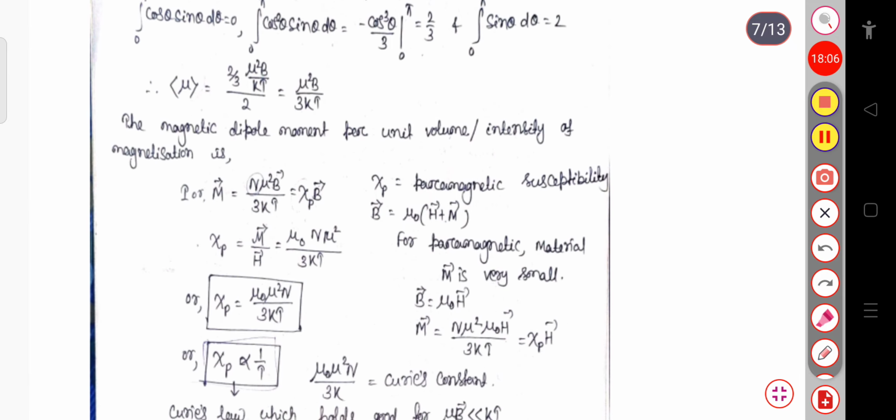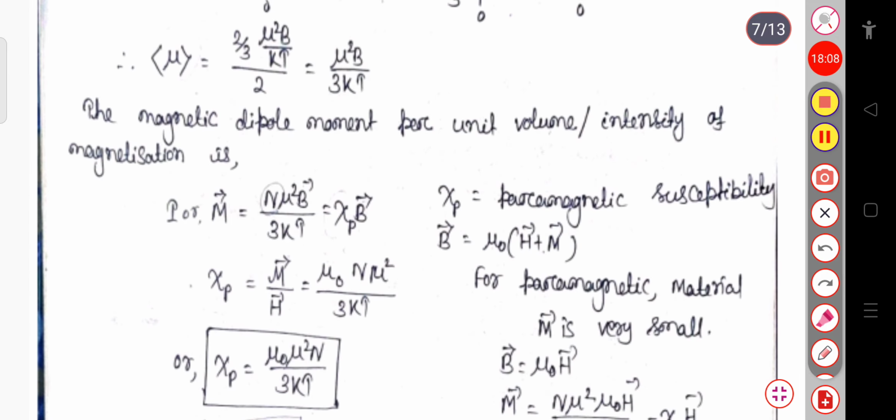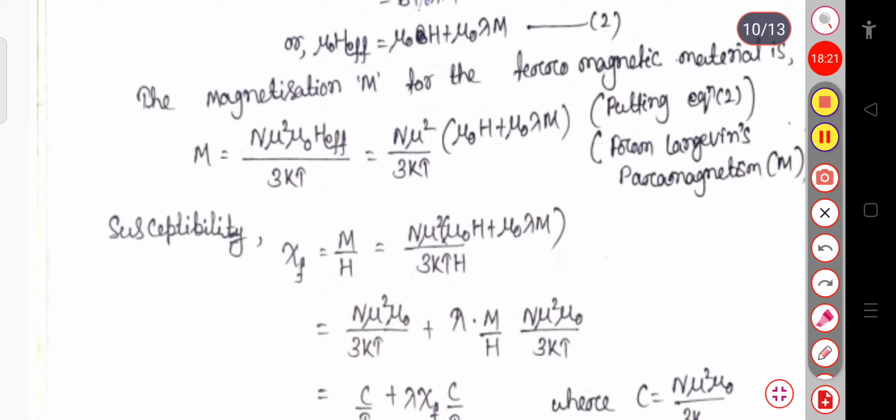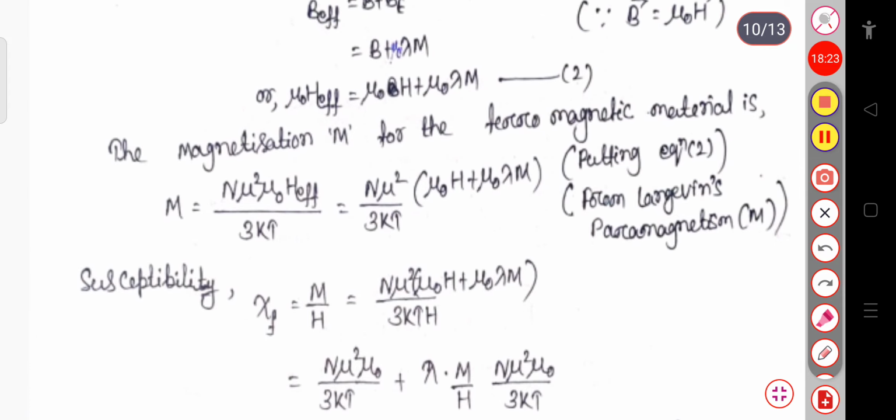Yes, you can see here, the magnetization equals N mu square B divided by 3kT. In place of B, we have simply substituted mu naught H effective, and the value of mu naught H effective will be equal to this much.